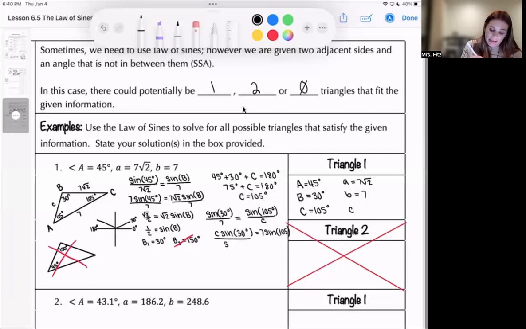Divide by sine of 30 degrees. And C is about, let's see what we get when we punch that in, 13.523. So this is a case where we only have one possible triangle.